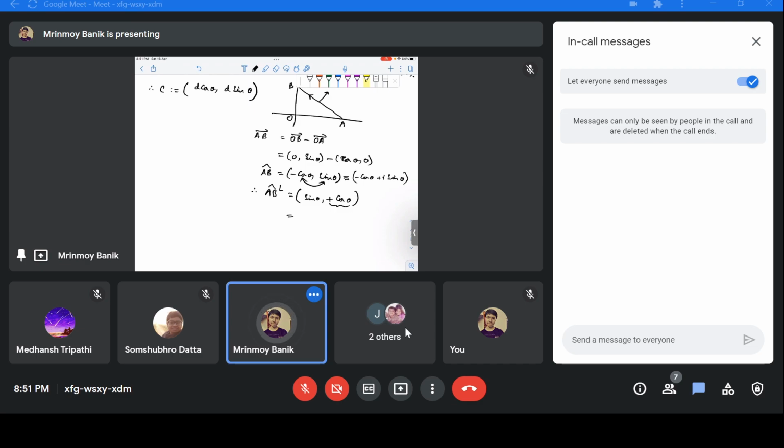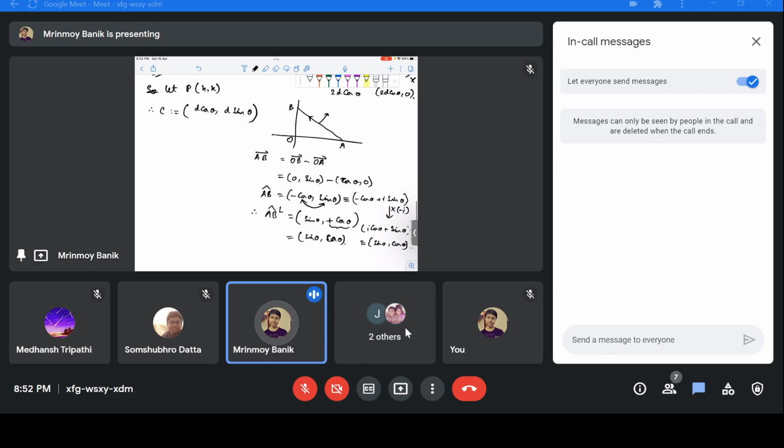So multiply that by minus iota. We get cos theta minus minus iota squared. Iota squared is minus 1, so we get plus sine theta. So that is equivalent to sine theta cos theta. That is the normal vector along this direction.